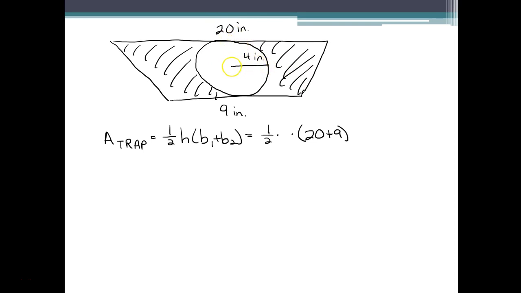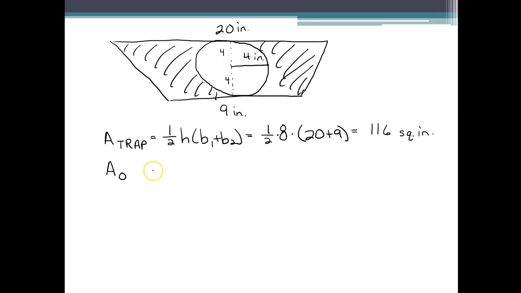So then we know going this way is also 4, going here is also 4. So the diameter of the circle is 8, which also is going to be the height of the trapezoid. Half of 8 is 4 times 29. 116 square inches for area of the trapezoid.